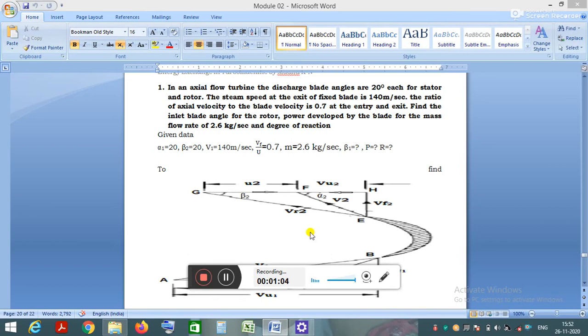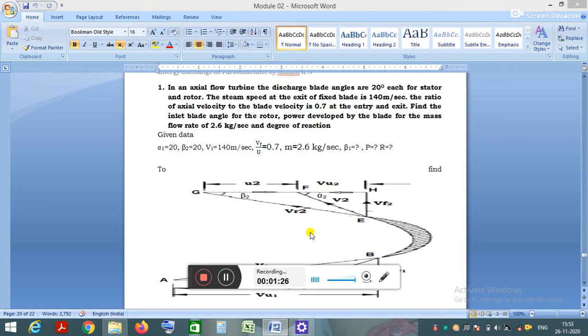Okay, today we are discussing some numericals on turbo machine, specifically for power generating turbo machines. The first problem is on an axial flow turbine. In the first line itself he has mentioned the type of turbine. It is an axial flow.